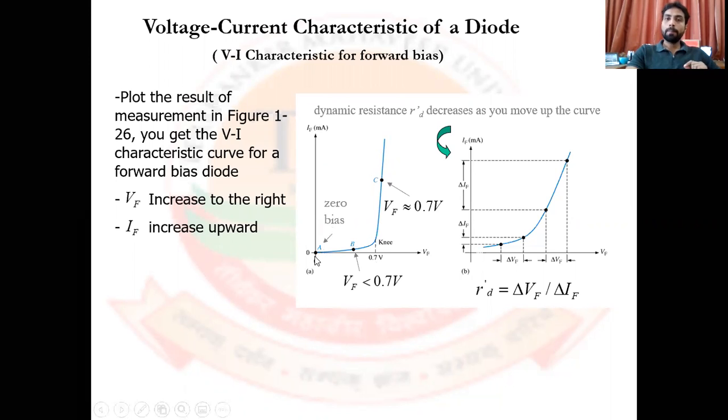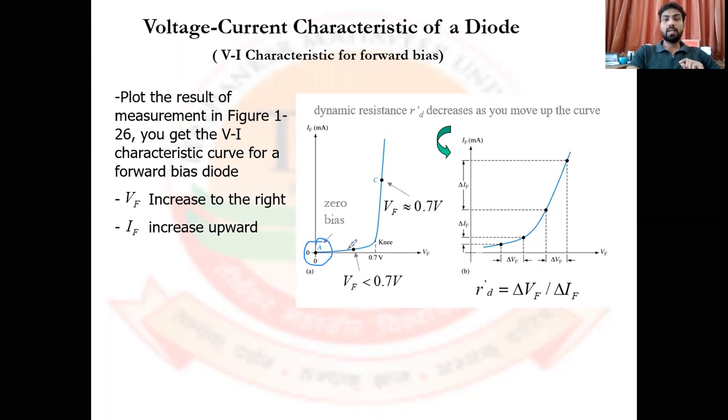So if we see here, zero bias. When this is zero bias, it comes to a dot situation. It means no flow of current. Under zero bias, we have no flow of current. But as we increase the biasing voltage, a small, almost negligible current starts flowing.